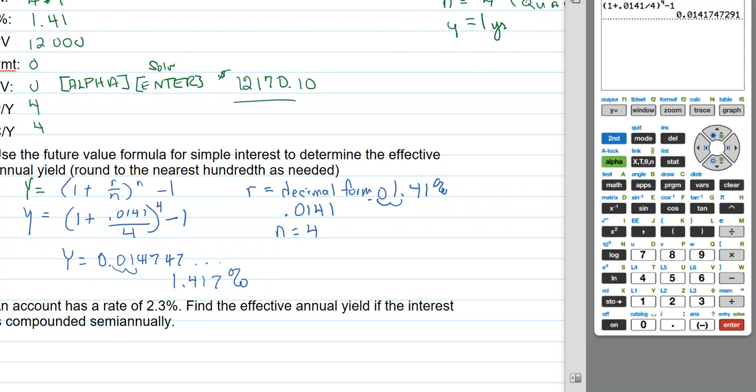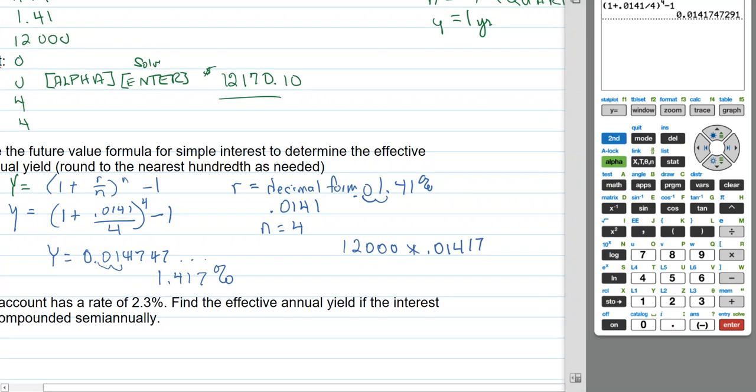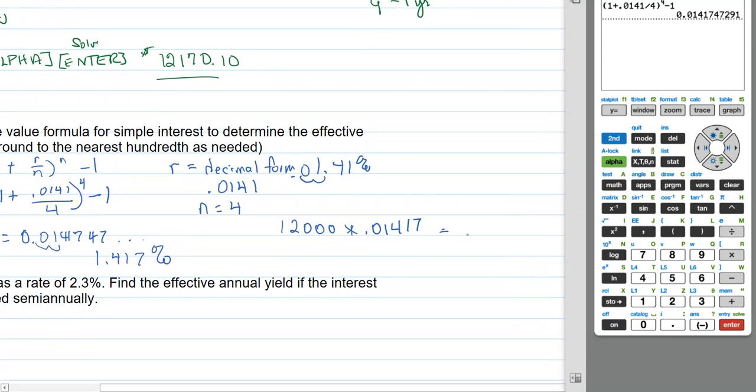So, what does this mean? That's a percent. It says that if I take the 12,000 and I multiply by decimal 0.01417, I get I, because that's the interest that we would make.